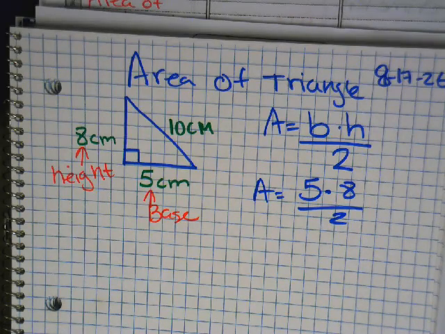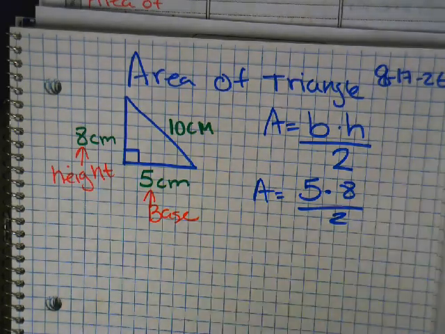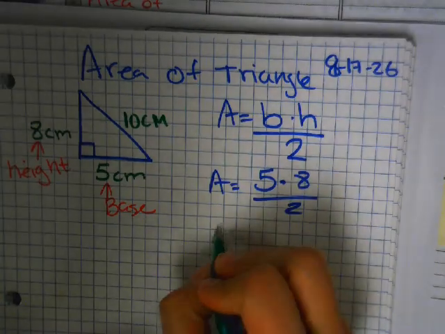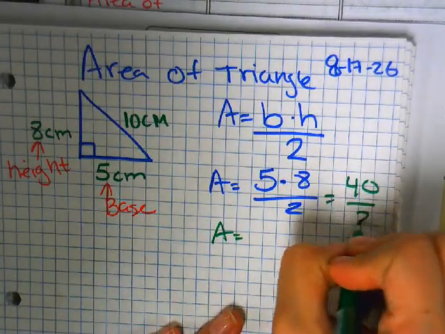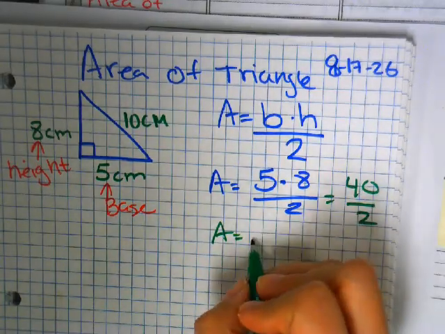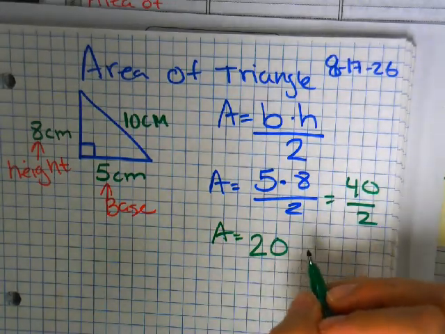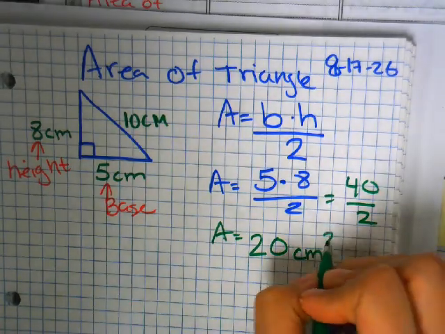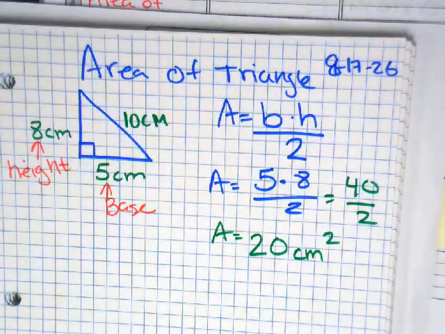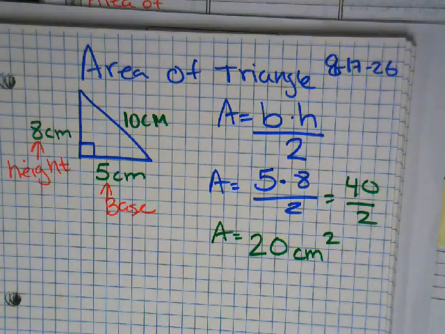I love it. So this is 40 divided by 2, and then 40 divided by 2 is 20. And what are our units? Centimeters squared. And that would be the area of our triangle. Easy? Yes. I mean, it's a review. All right.